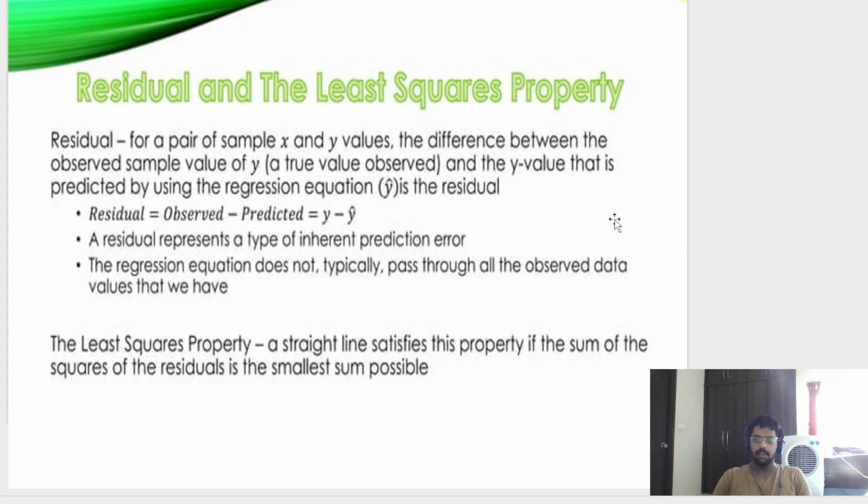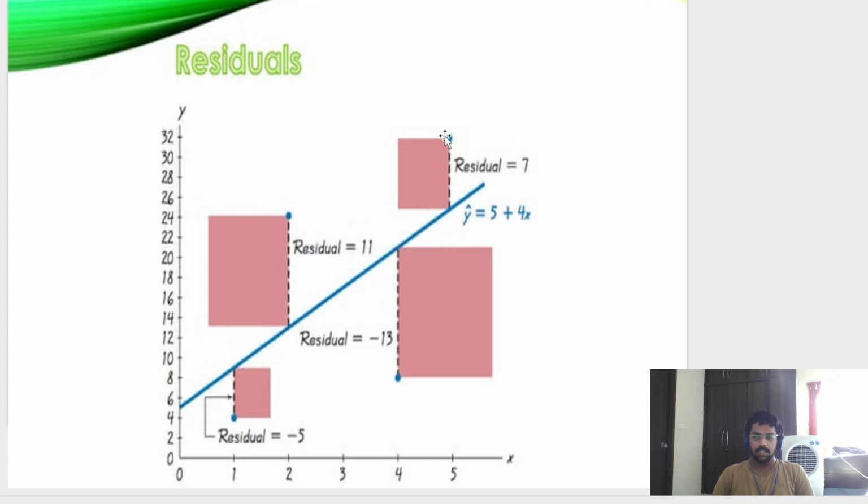The regression equation does not typically pass through all observed data values that we have. The least squares property: a straight line satisfies this property if the sum of the squares of the residuals is the smallest sum possible. So this is the residual when generally calculated. It is the distance from the true data points to the given line. So this is the error that we should try to minimize.